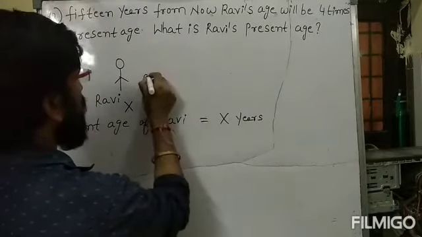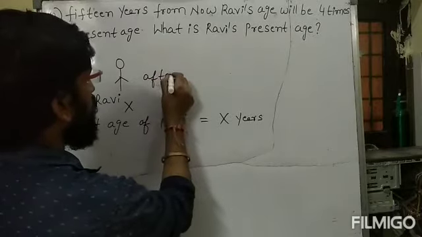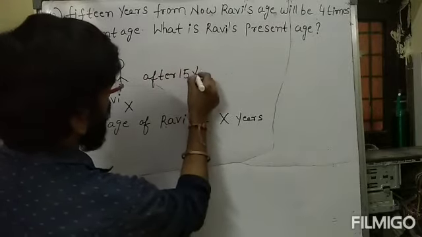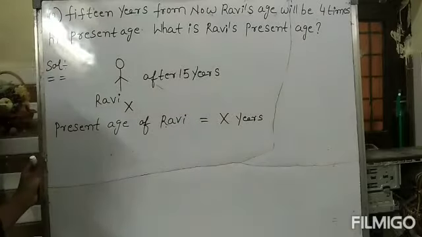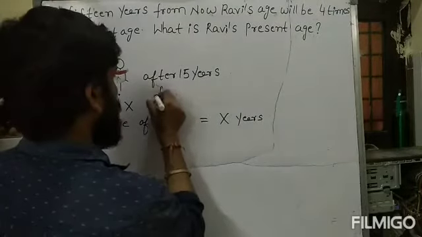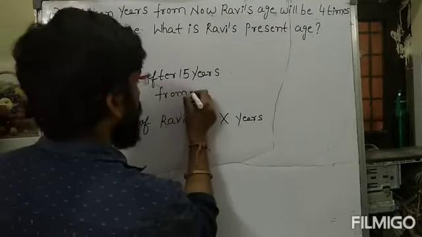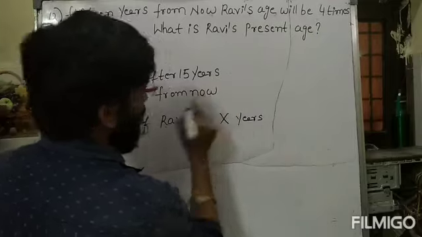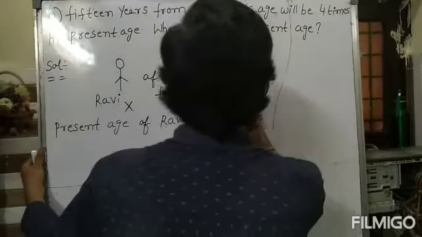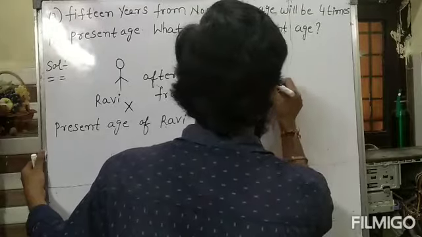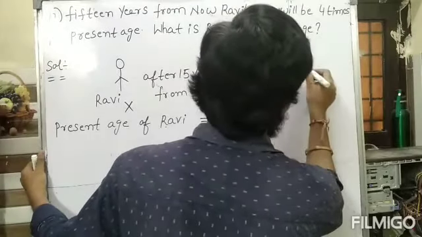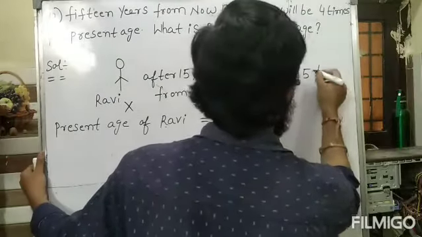From now means after 15 years. Ravi becomes plus 15 years.